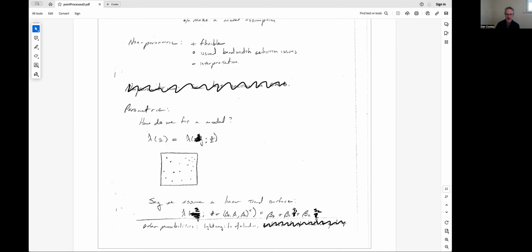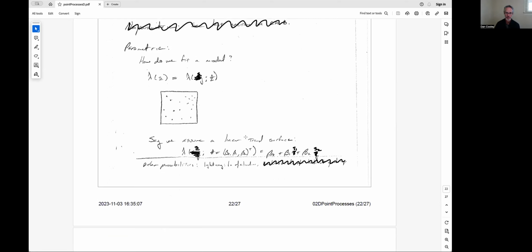Let's assume that we're going to just fit a linear trend surface. We're going to assume that the intensity varies with S1, it varies with S2 in a linear way. If we had our mapped data set and we saw that it appeared the intensity was higher up here, then we would imagine beta 1 and beta 2 are probably some positive number, and what we want to do is find the positive number that agrees with the data best.